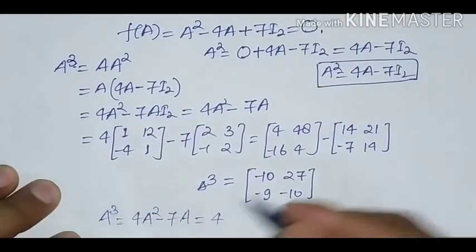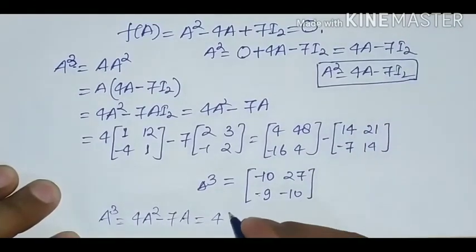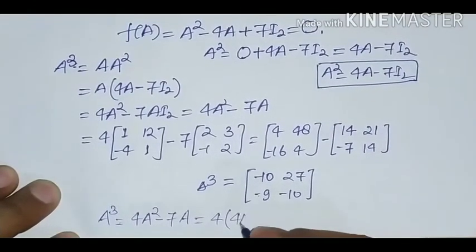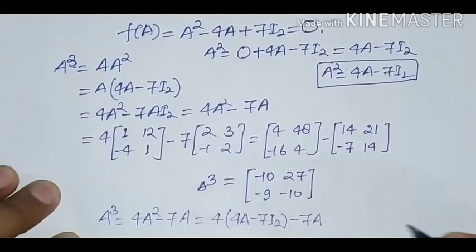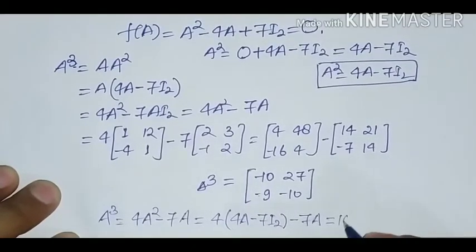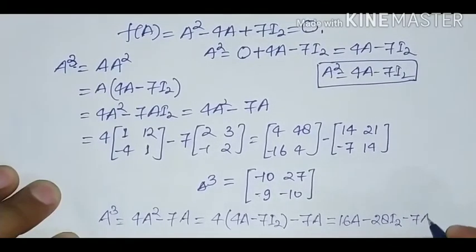The value of a square is 4a minus 7I2, then it is 4 into (4a minus 7I2) minus 7a, which equals 4 into 4 will be 16a minus 4 into 7, 28 I2, minus 7a.